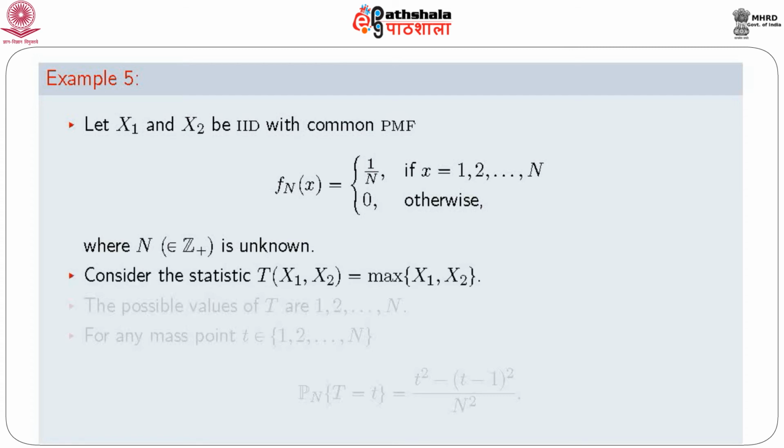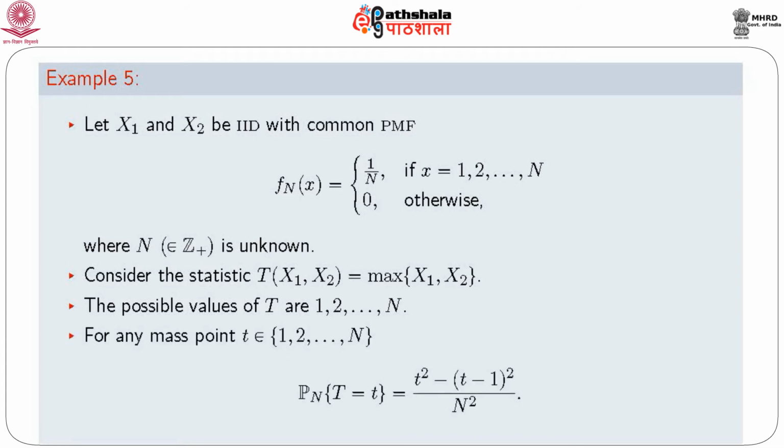We consider a statistic capital T(X1, X2) equals the maximum of X1 and X2. The possible values of T are 1, 2 up to capital N. For any mass point small t belonging to 1, 2 up to capital N, probability under N of T equals small t is equal to probability under N of T less than or equal to t minus probability under N of T less than or equal to t minus 1.